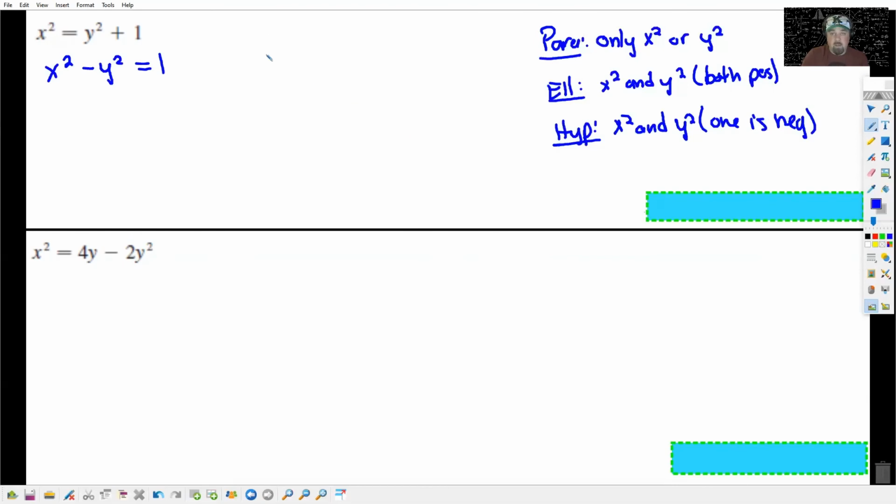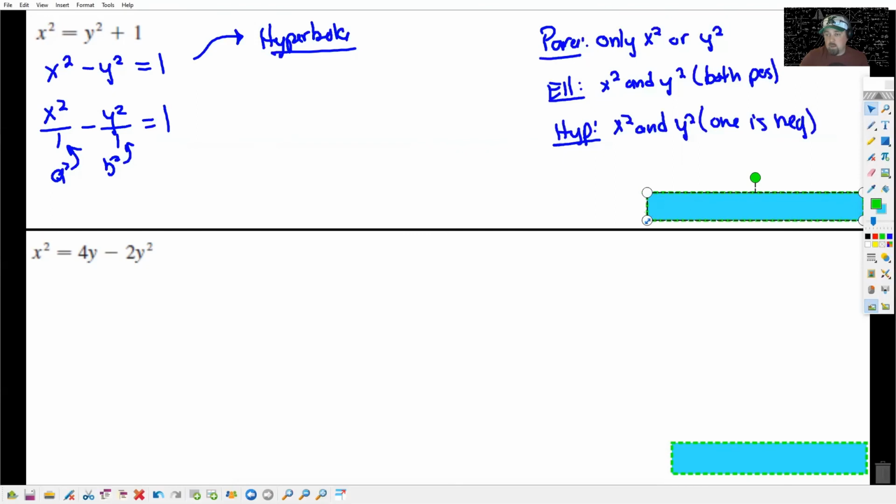That means that this has to be a hyperbola. x squared over 1 minus y squared over 1 equals 1. That's your a squared, that's your b squared, and we could find all the points from that. So this one is a hyperbola.